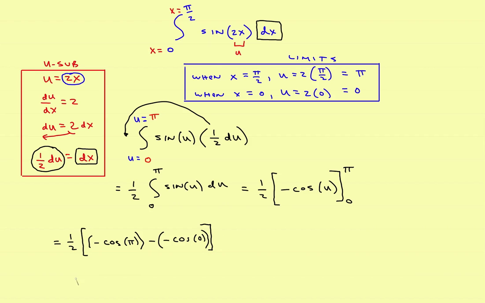So it looks like that. Now this would be 1/2 of, now I've got the negative of the cosine of pi, which is -1. Then minus the negative, the cosine of 0 is 1.